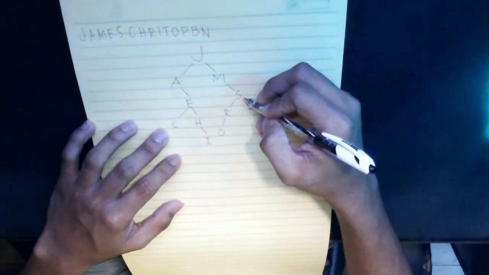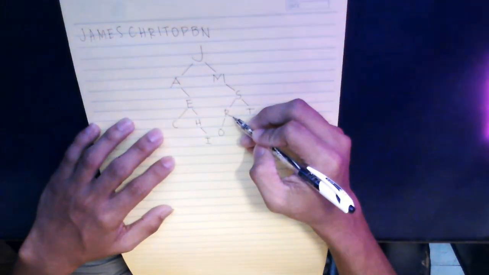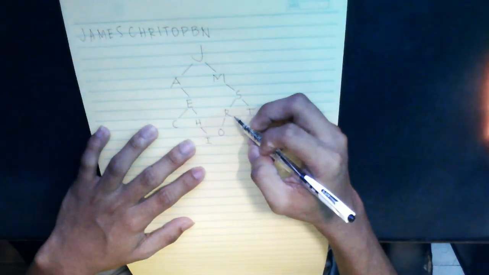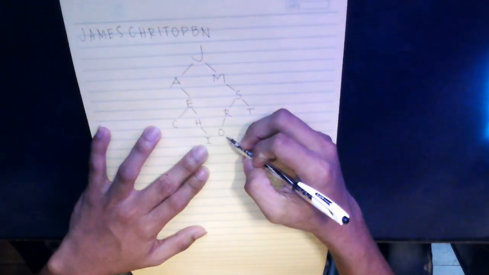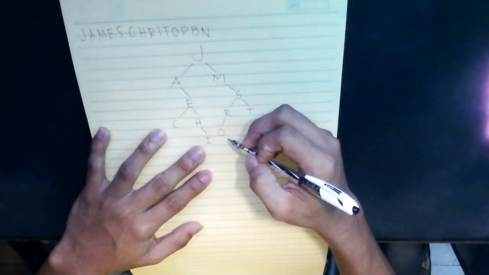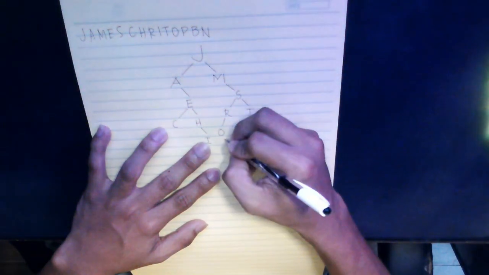S is greater than P, so P will be going here on the left child of S, which is occupied by R. P is also less than R, so it's going to the left side as well. P compared to O: P will be greater than O because P comes after O. So it's going to be the right child of O.